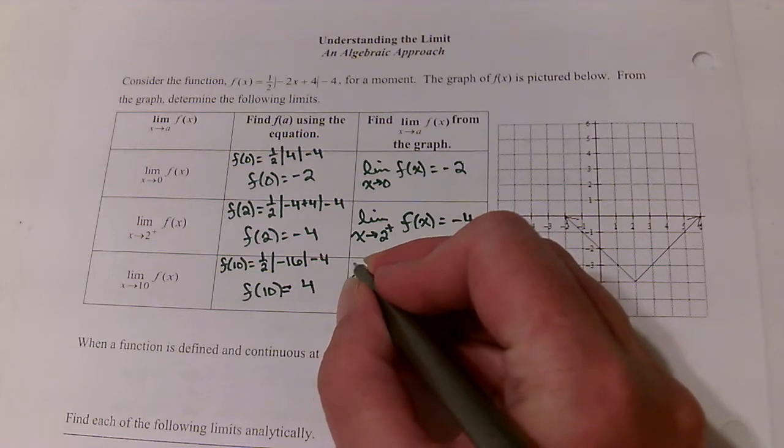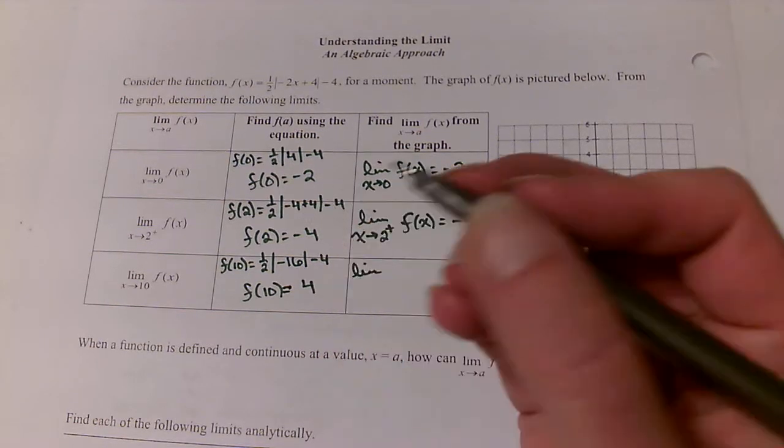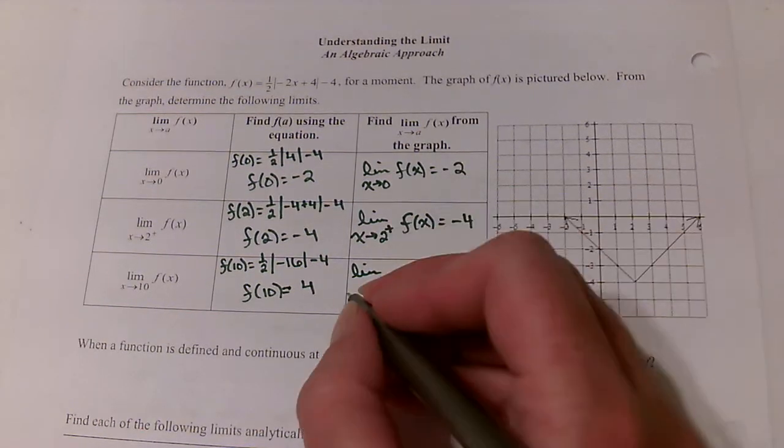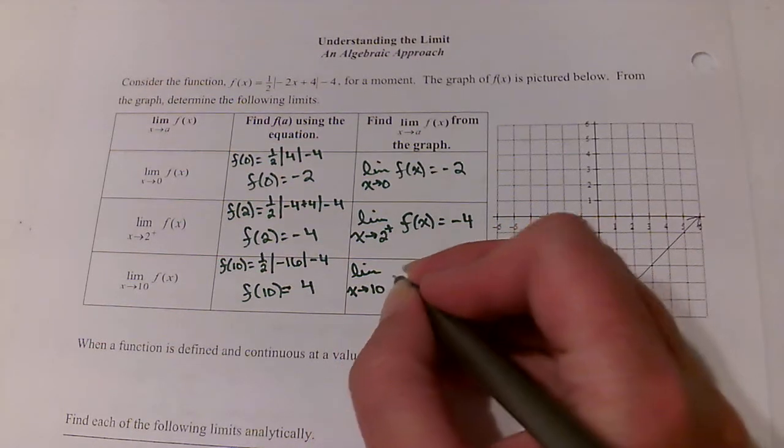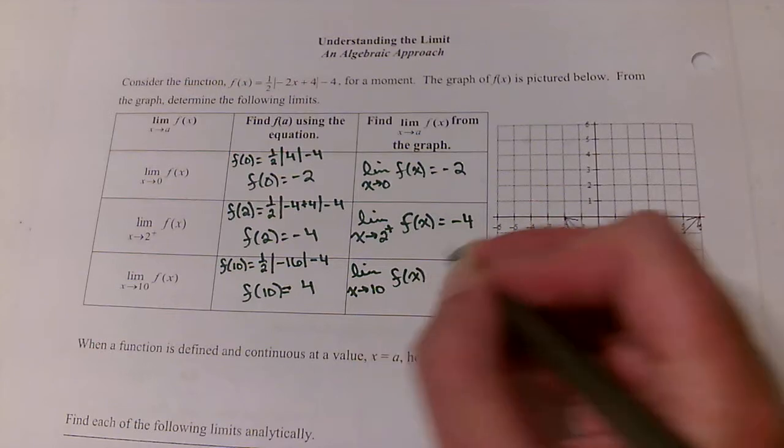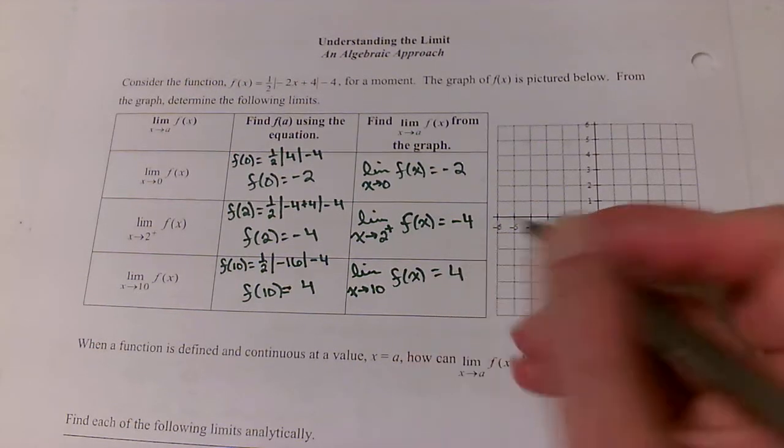And an absolute value doesn't have any holes or vertical asymptotes or anything weird. It is just a nice, continuous graph.